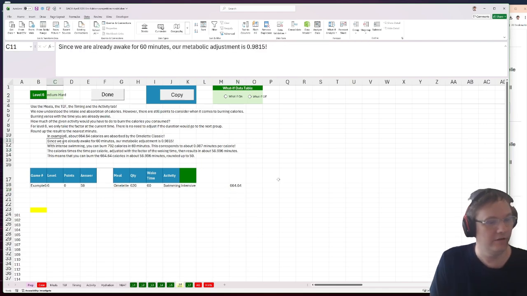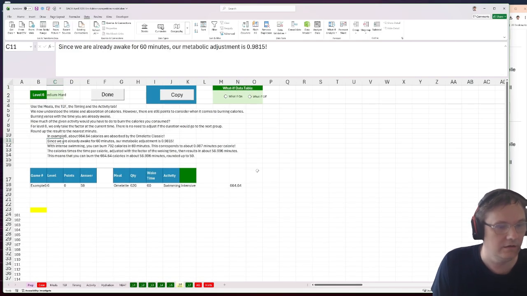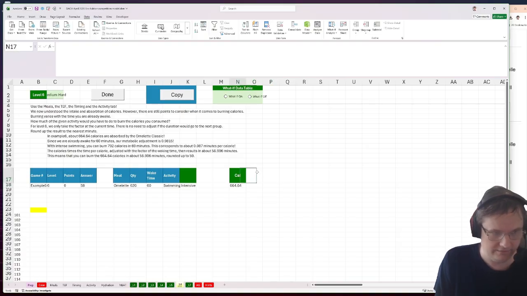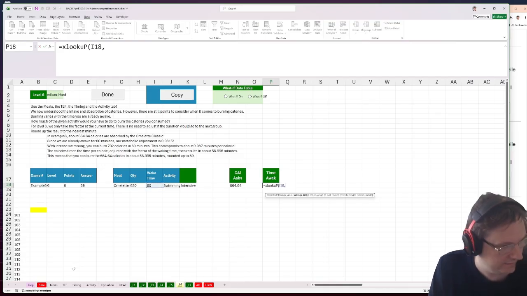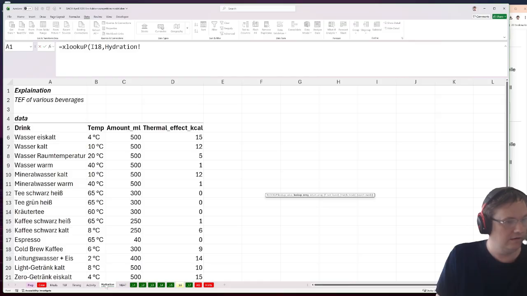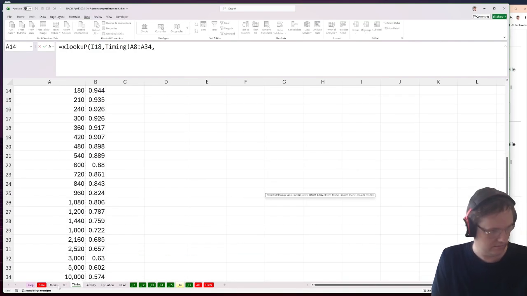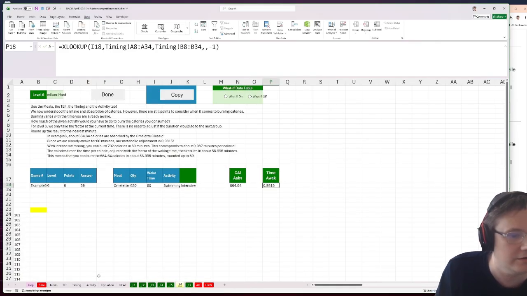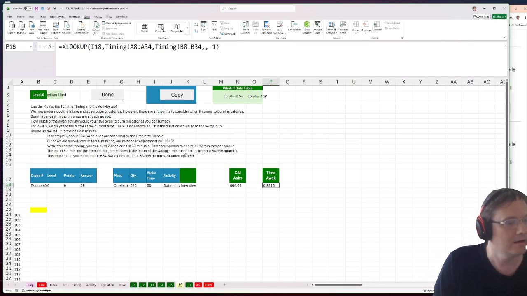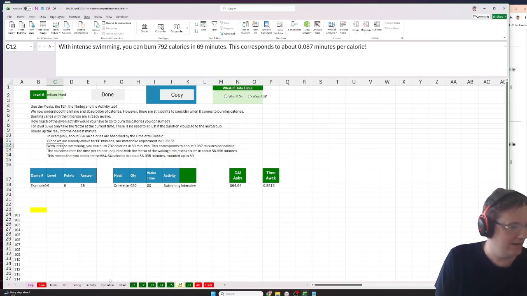Our metabolic adjustment is based on the time awake, right? Yep, good. Calories absorbed, time awake, factor is this, looked up on here, returning this, probably with a -1 is I think how this works. With intense swimming, is that how that table works?